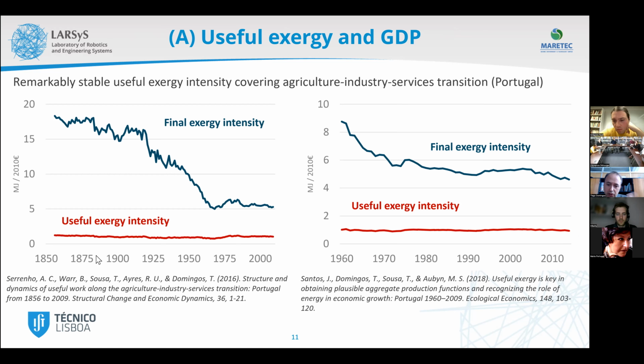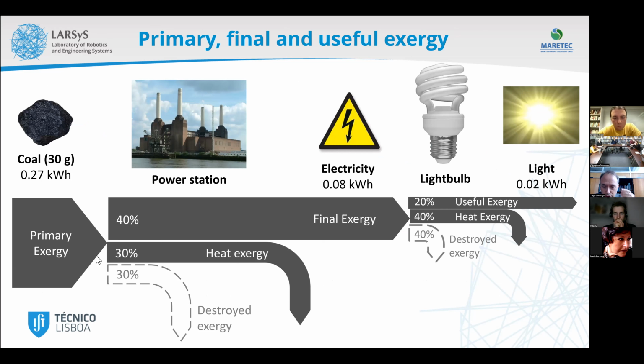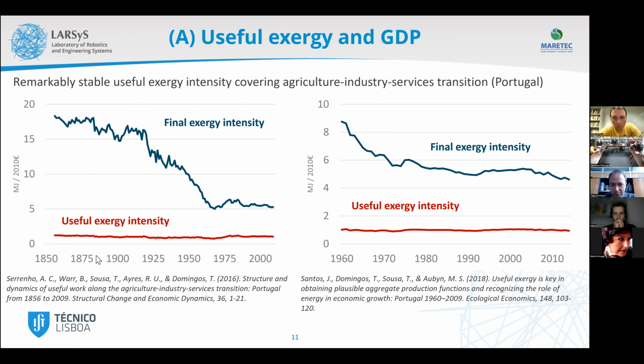Along 150 years of economic history, where we start with an agricultural economy, somewhere along the way have an industrial economy, then a services economy, the amount of useful exergy required per unit of economic value is constant. This is surprising, but it underpins what I was trying to persuade you of: that the useful stage is the right stage to connect energy with the creation of economic value. And this is a first vindication of that fact.